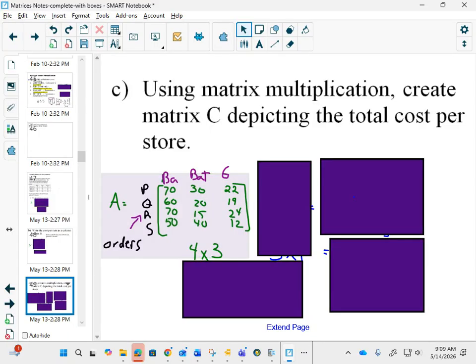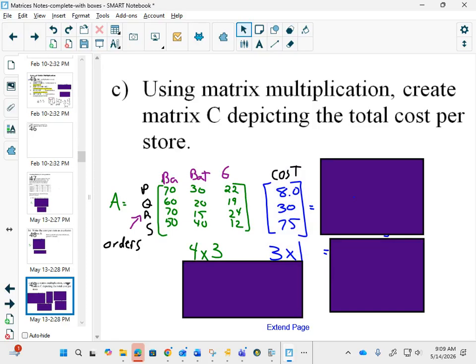So here is our big first one. You can just write A if you don't want to rewrite it. Then we're multiplying by our cost matrix. And I'm going to add in purple here: ba, bat, G. This is a 4 by 3 and that's a 3 by 1, which means the middle numbers match up.